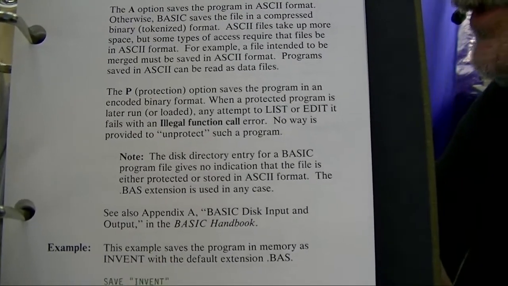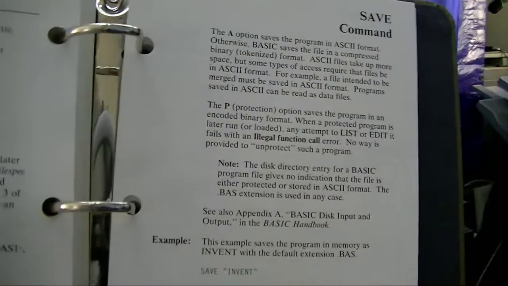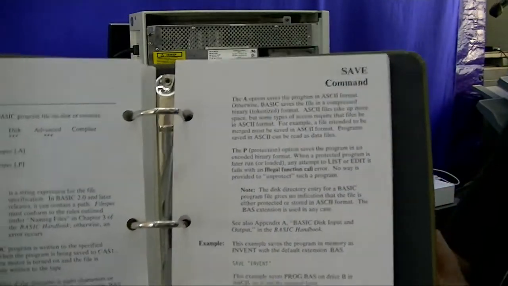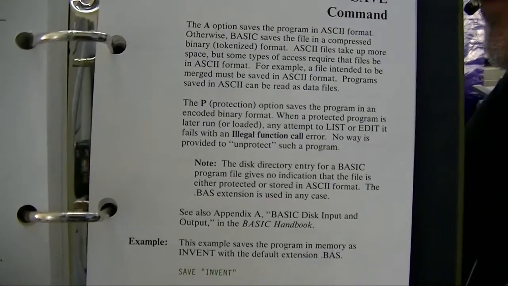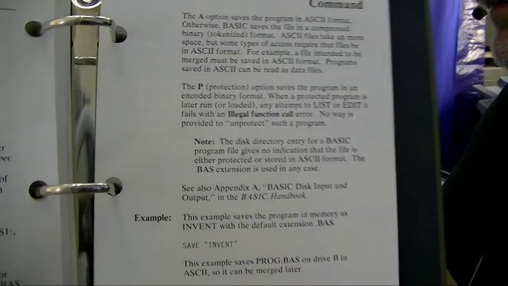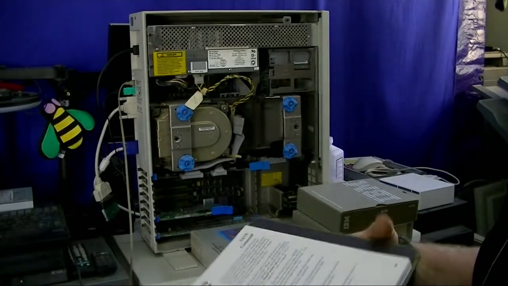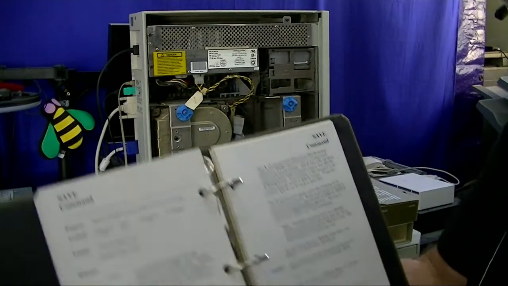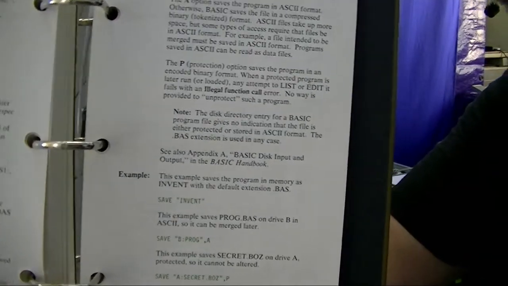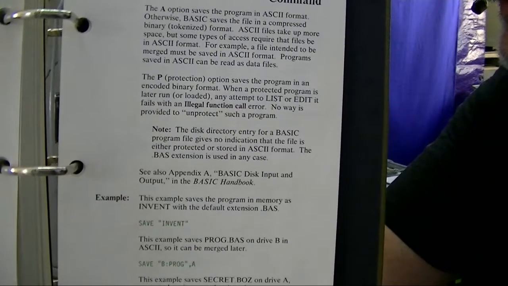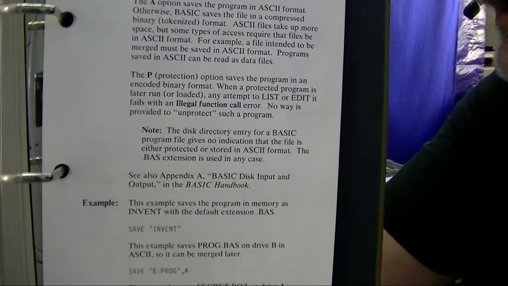So if you have a program, and as they say, there's no way to unprotect it, it's encoding it from that point, so you should have your source saved in a format that you can work with later on if you want to edit or whatever.